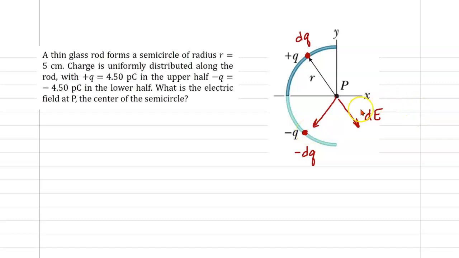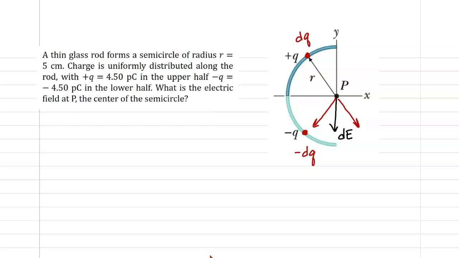Now notice from the symmetry that their vertical components will add, whereas their horizontal components will cancel. At the end of the day, you're going to have a total electric field that's only pointing downwards and is due to the sum of both of these arrows. So let's write down what this would be.